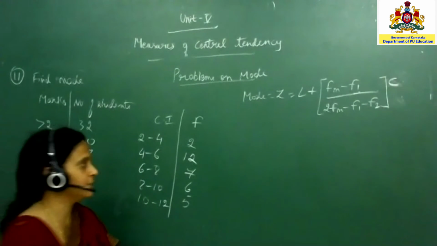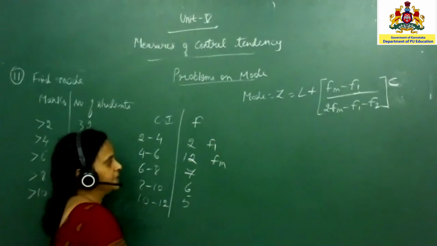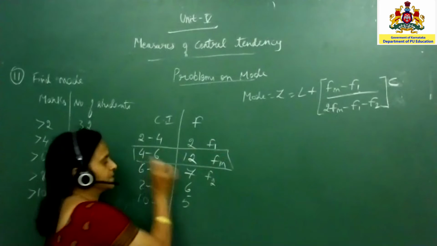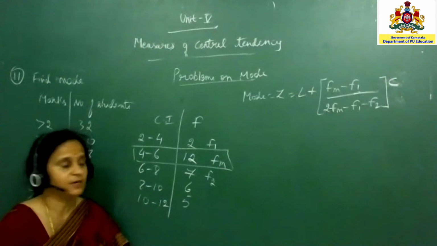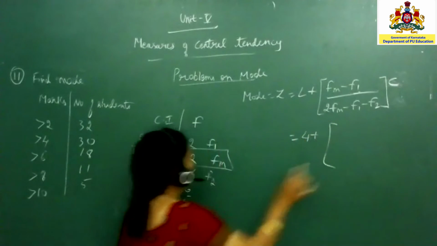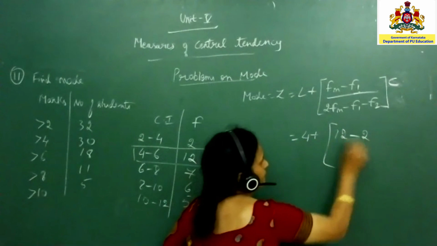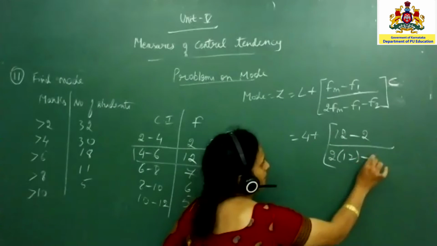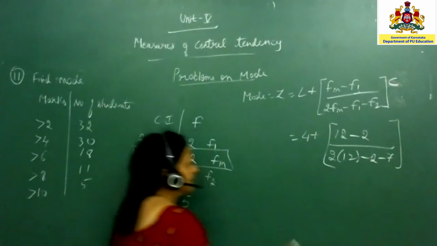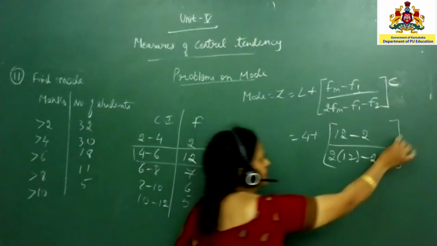again the same way we have to continue. We have to find Fm, which is the highest frequency. The preceding one is F1 and the succeeding one is F2. And this becomes the modal class. Substitute in the formula, the same way as in the previous set of problems. Your L is 4 plus Fm is 12 minus F1 is 2, divided by 2 into 12 minus 2 minus F2 is 7, into C. Here C is 6 minus 4, it is 2.